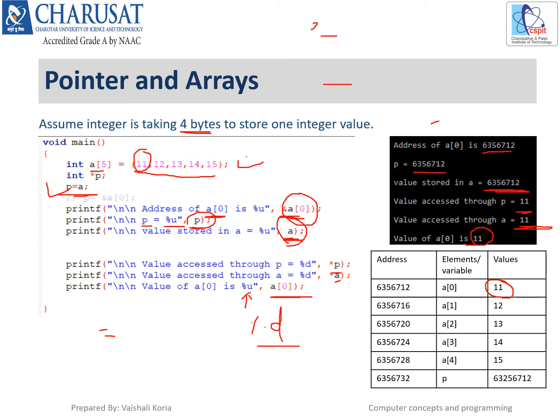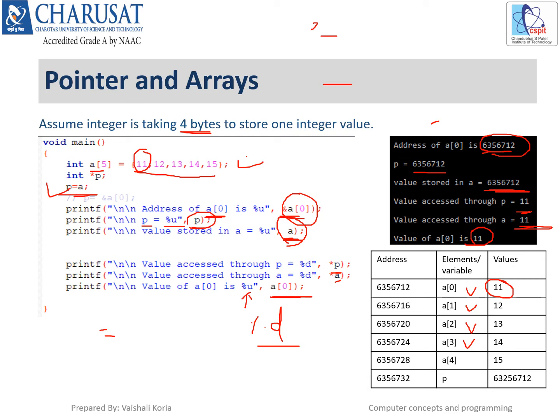Now the address of the first element is this, right? So how are the addresses assigned to the different elements of the array? These are the element names a of 0, a of 1, a of 2, like this.